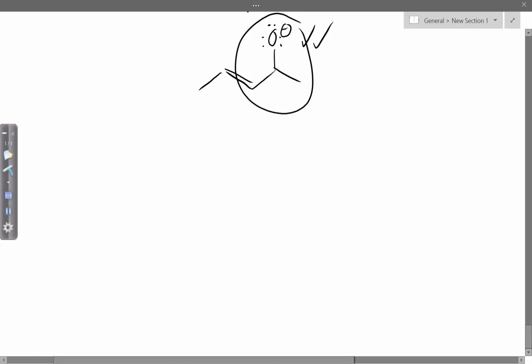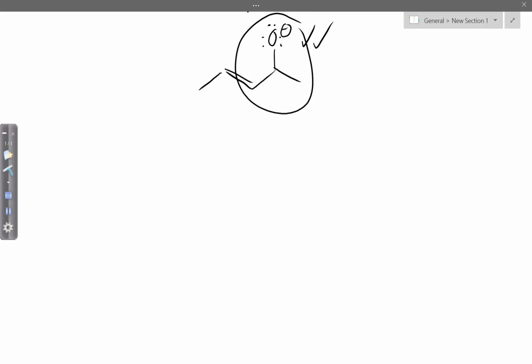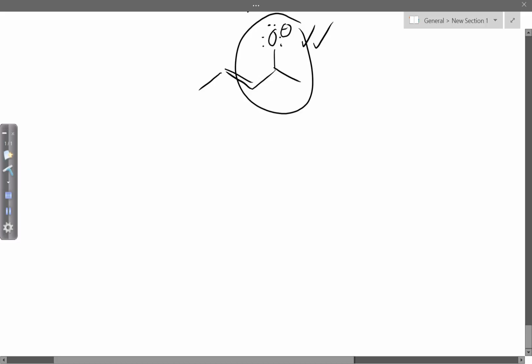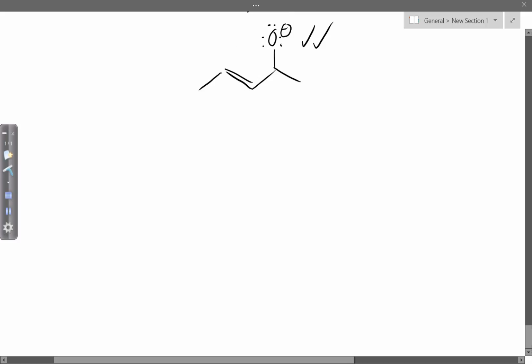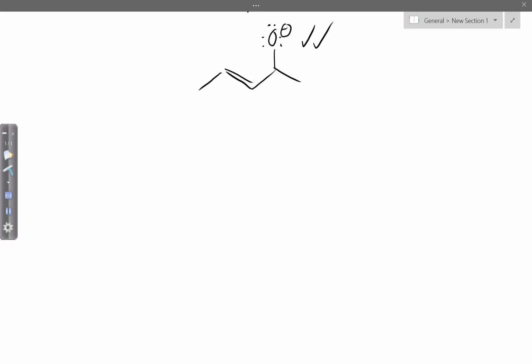Good. That's valid. You sure? Take note of this. Try expanding the structure by including all the hydrogen and see whether it violates anything. It violates the octet rule, right?